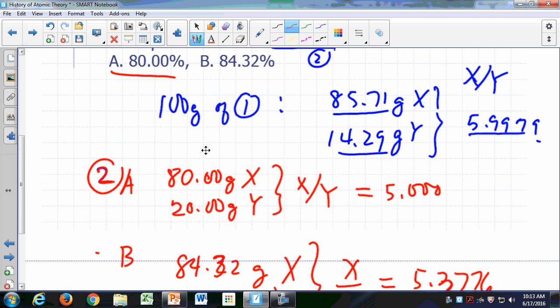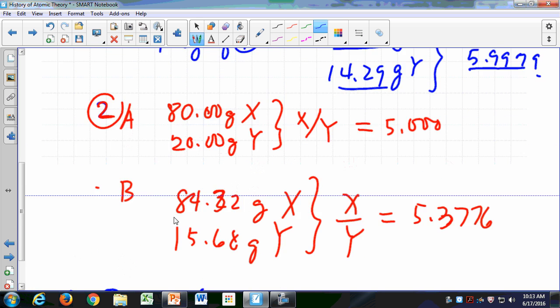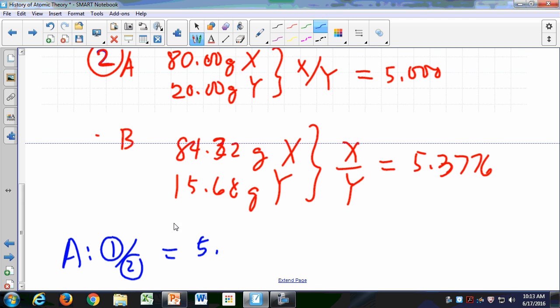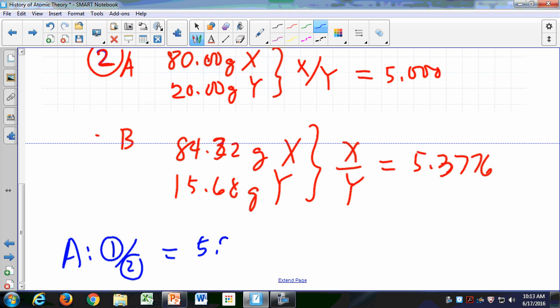So a 1 to 2 ratio for A would be 5.9979 is to 5.000. So that's about a 6 to 5 ratio.